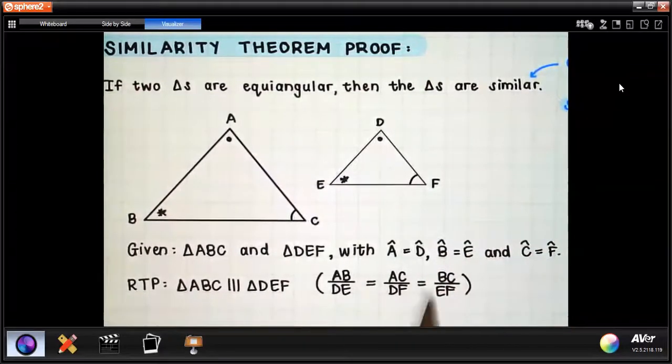So this is actually what we are going to prove, and then once we've proved that, we're going to say, therefore, triangle ABC is similar to triangle DEF.